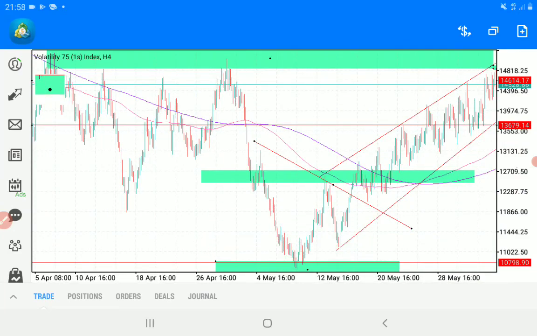This one here, it's your inverted head and shoulders, right? Your double bottom, your double top, your triple bottom. So go and learn such things and take advantage of the market.